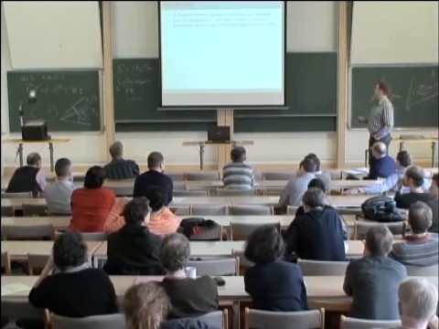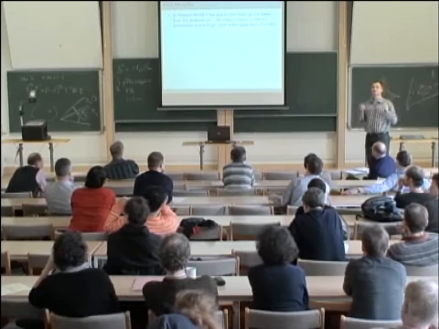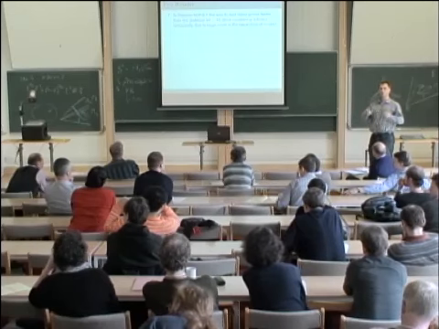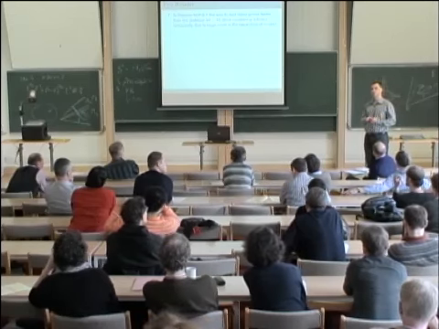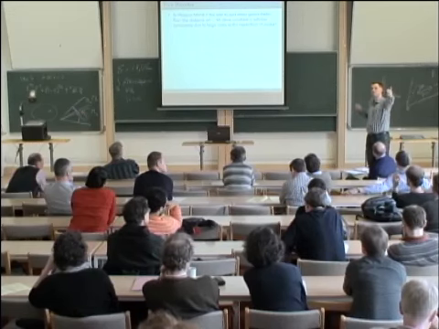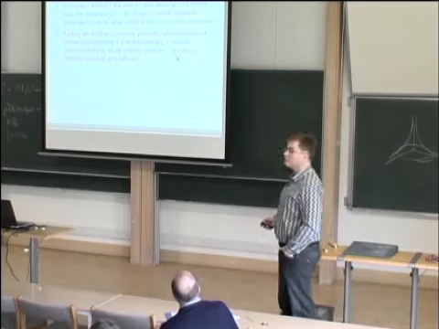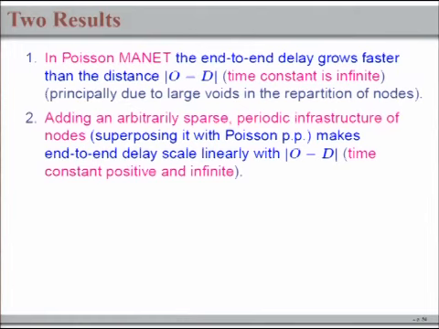So the time constant is infinite, meaning that whatever routing algorithm, when I send packets from some source to a destination separated by larger and larger distance, the end-to-end delay is going to increase faster than the distance, so superlinearly. However, you can fix it, basically by fixing the holes of the Poisson point process.